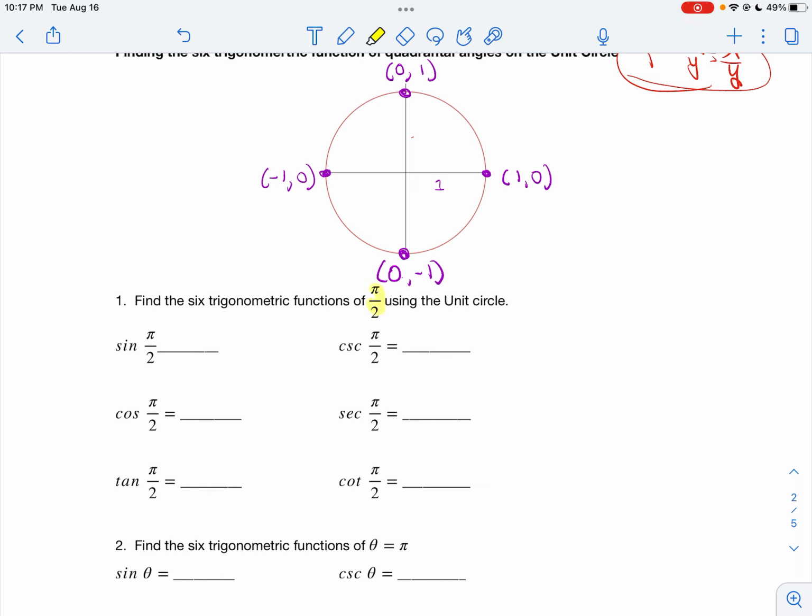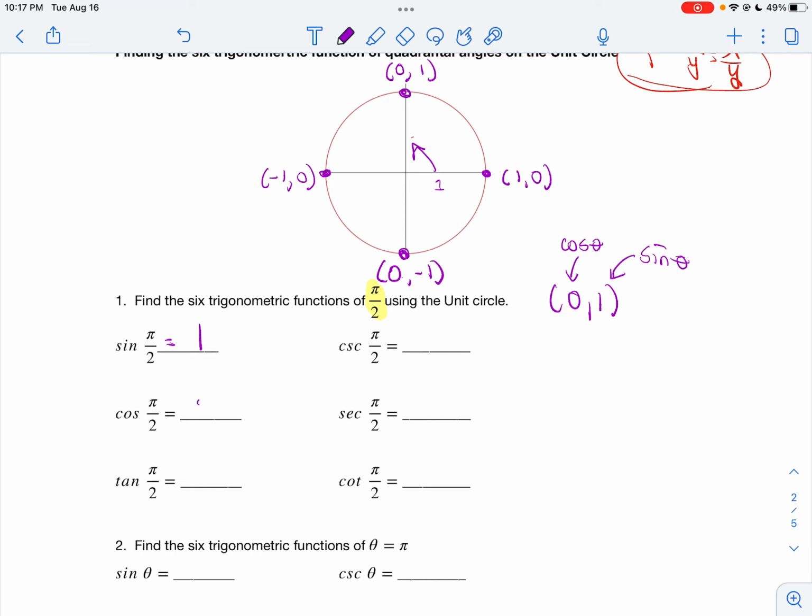So let's find pi over 2. Pi over 2 would be this angle here, so it corresponds to the point 0, 1. And remember that the x value corresponds to our cosine. The y value corresponds to our sine. So if I ask you to find the sine of pi over 2, that's my y value of 1.